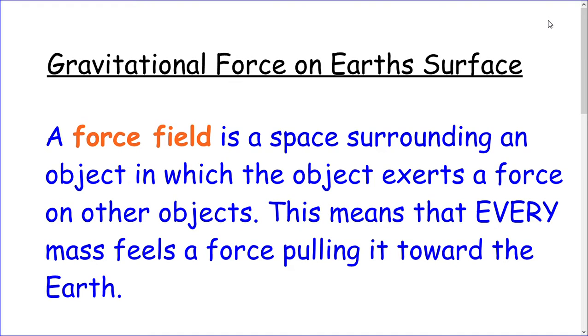So if you think of a magnet, for instance, and you place objects of either the same pole or opposing poles to that, then they will either repel or attract, and based on the distance that you are away, the weaker that attraction becomes. So this means that every mass actually feels a force pulling it toward the Earth, if we think about how gravity works.